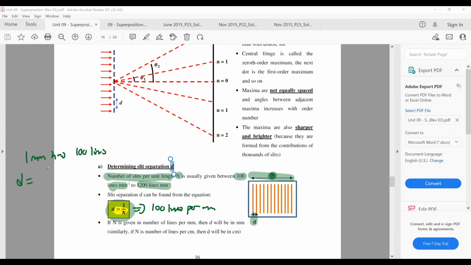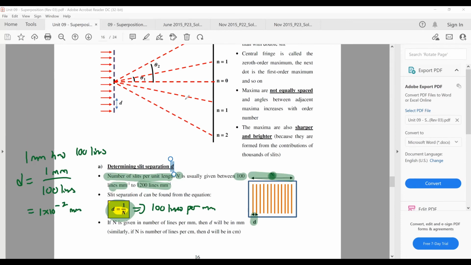So d would be akin to taking 1 millimeter divided by 100 lines. This will give you 1 times 10 to the power minus 2 millimeter. That's the understanding here.